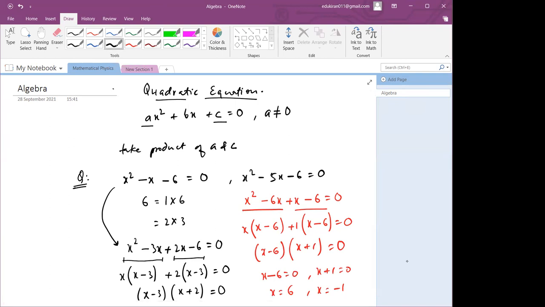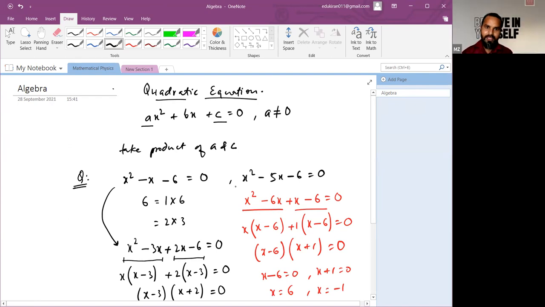Sir, how does this happen? x into x minus 6 plus 1 into x minus 6, how does it convert to x minus 6 into x plus 1? Just see, if you take the product of the coefficient of x squared and the last term, that is 6. So it will come out to be 6. Now, if you factor this 6, it would be either 1 into 6 or 2 into 3.